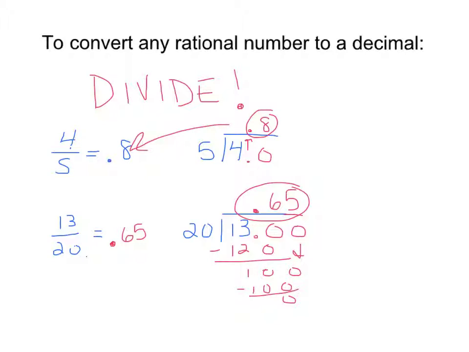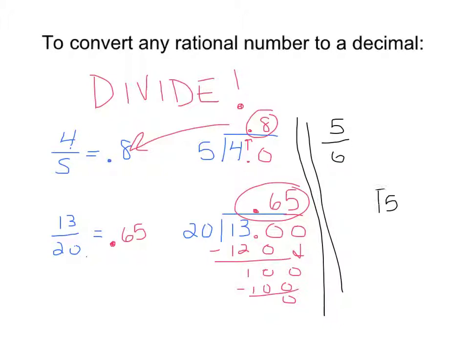So we can do this with any rational number. If I want to convert it to a decimal, all I have to do is divide. Now, things might get a little more complicated if I want to know, for example, what 5/6 is. I would have to do 5 divided by 6.